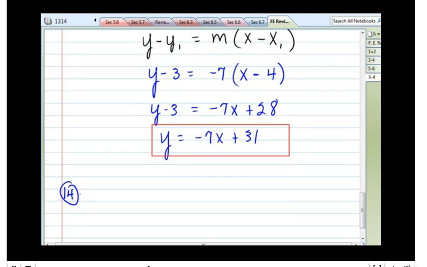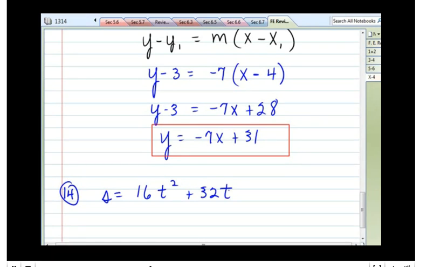All right, number 14. A ball is thrown down from a window in a tall building, and it gives you its position. So it says its position is this. And it wants to know how long will it take the ball to fall 102 feet. So what kind of graph is S?